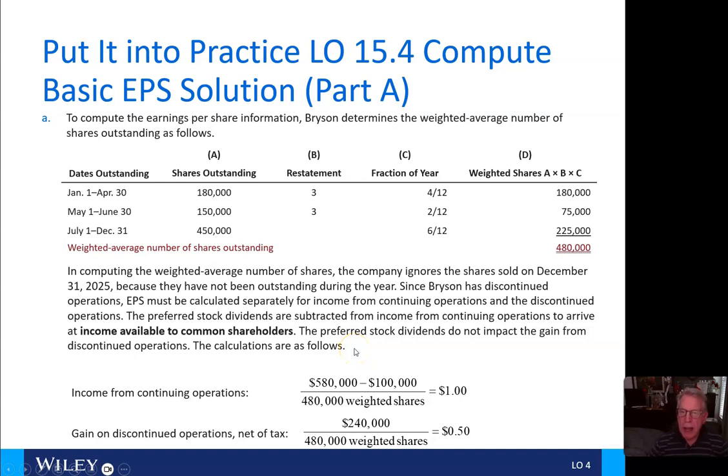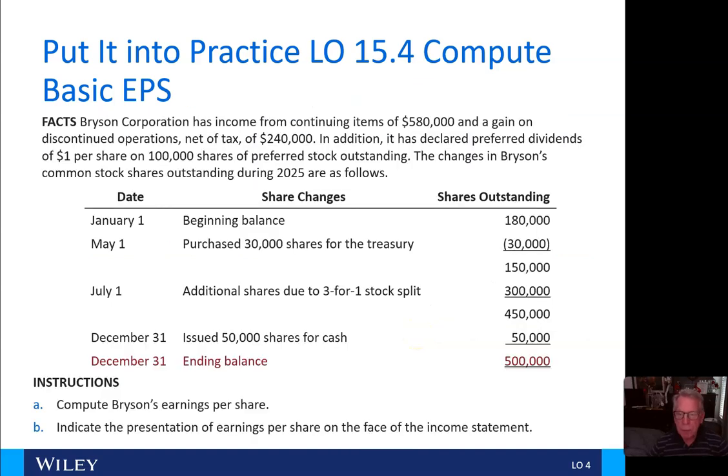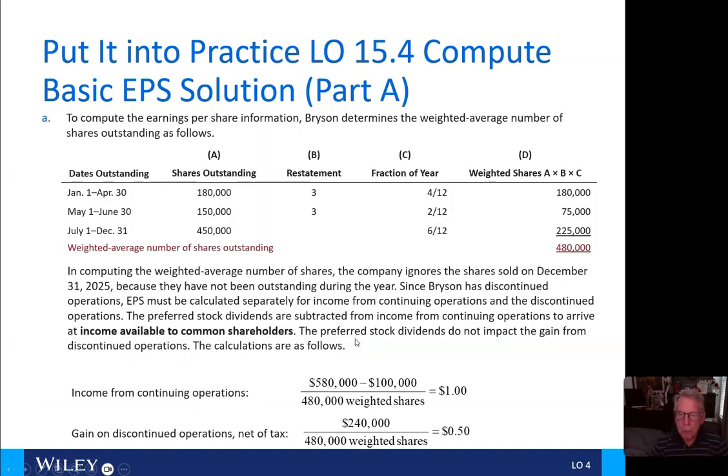In computing the weighted average number of shares, they ignore the shares sold on December 31, 2025, because they have not been outstanding during the year. Since Bryson, let's go back here, we're ignoring that. The preferred stock dividends are subtracted from income from continuing operations to arrive at income available to common stockholders.